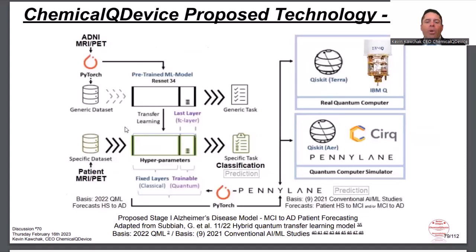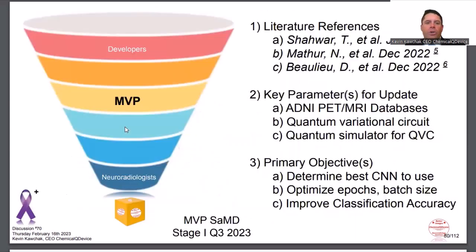And then here's an example of a setup, and this one in specific is for hyperparameters with quantum. This specific one is using significant amounts of ResNet 34, which is classical, and then other quantum layers too. This is the MVP expected Q3 2023, and you'll see it starts at developers and ends at neuroradiologists.